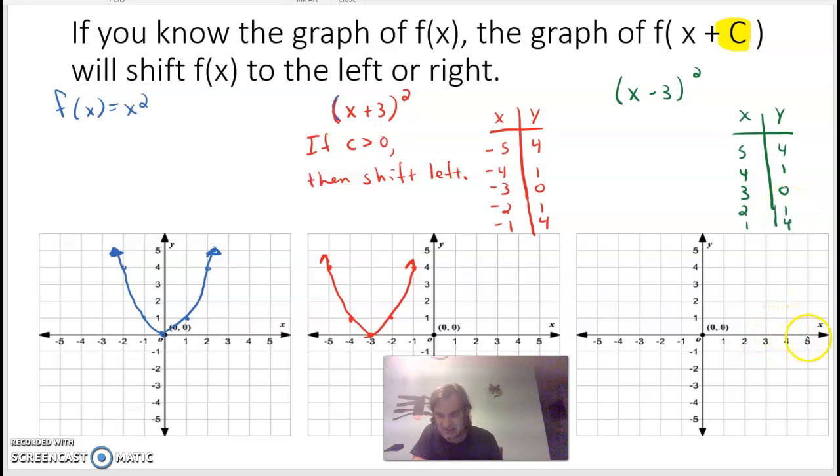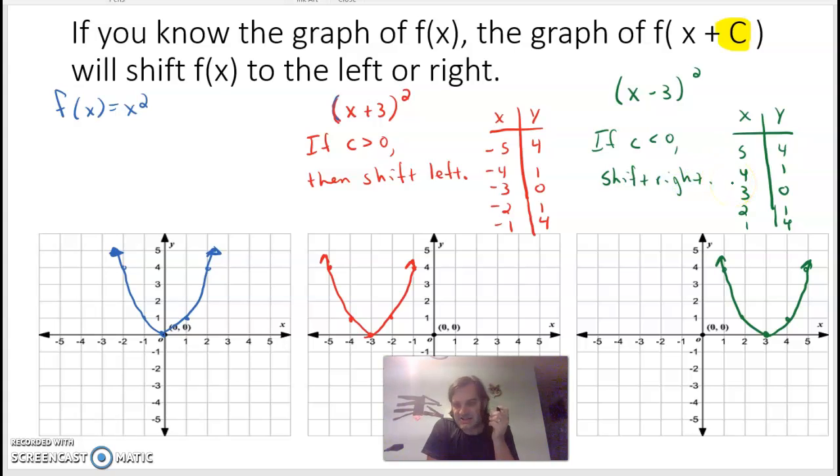So that's moving it over to the right this time. So once again, it's moving it in the opposite direction. So what we should see here is if c is less than 0, then we shift right.